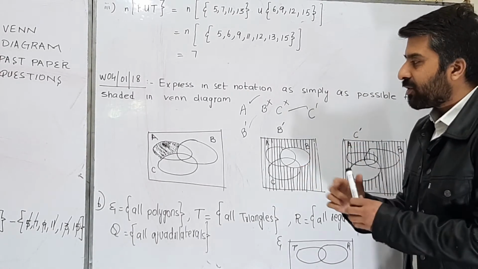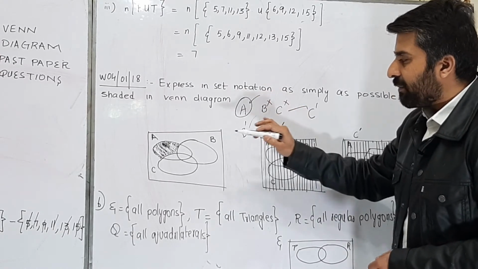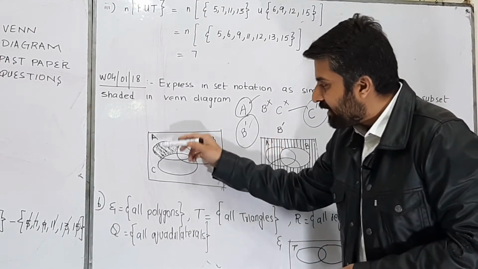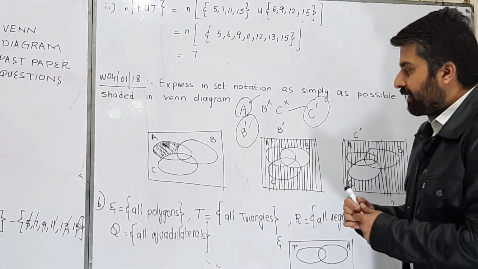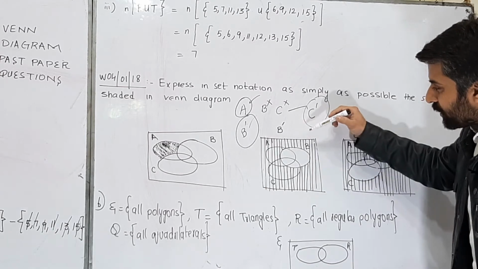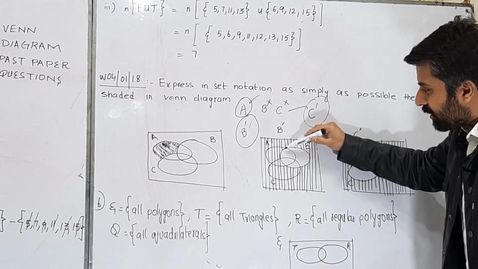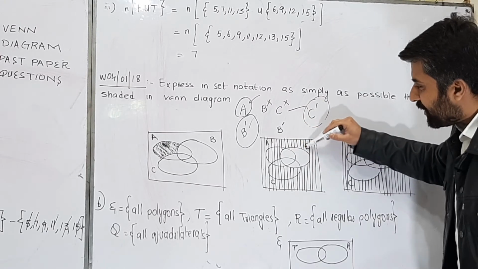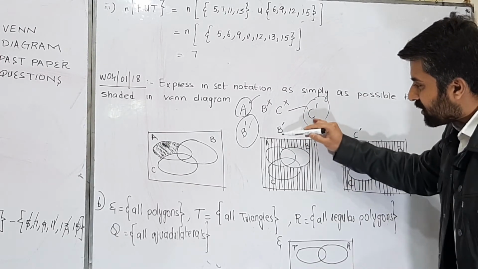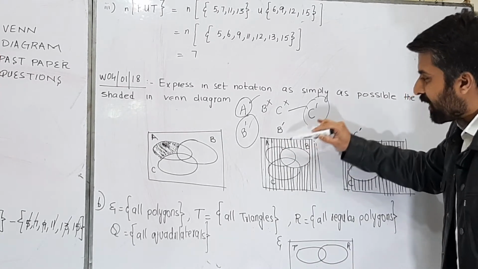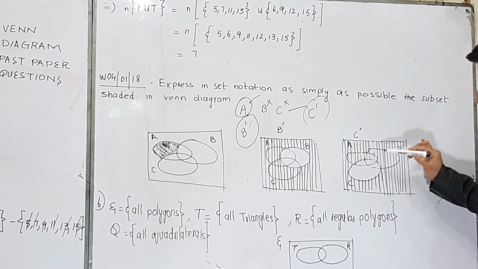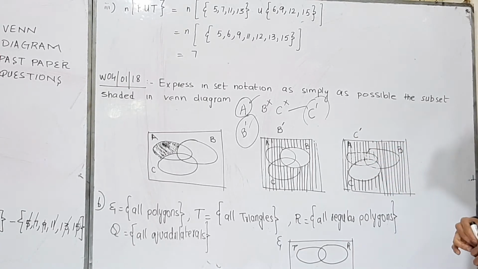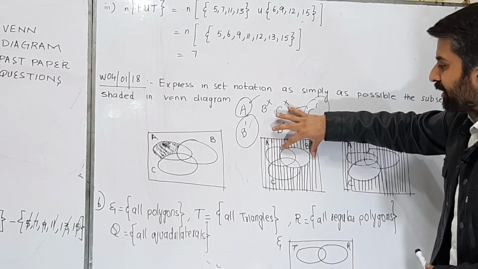Now from observation, my region is in A to some extent, it is in B complement, and in C complement, the region outside C and the region outside B. B complement means you will not be shading B. In case of B complement, I haven't shaded B, I have shaded all the region outside B. Similarly, in C complement, I have not shaded C, I have shaded all the region outside C. So when you shade complements, you will not shade that particular circle.